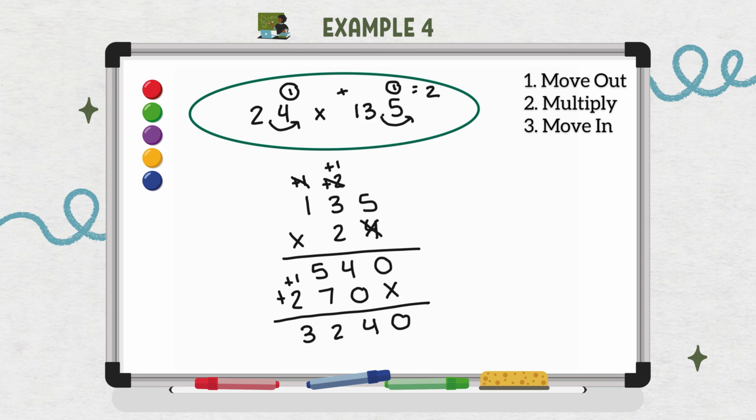And 3,240 is not our final answer. We need to move our decimal back in twice. So 1, 2. Our final answer is going to be 32.40. And because we have a trailing zero, the answer can also be 32.4. Be sure to box in your final answer.